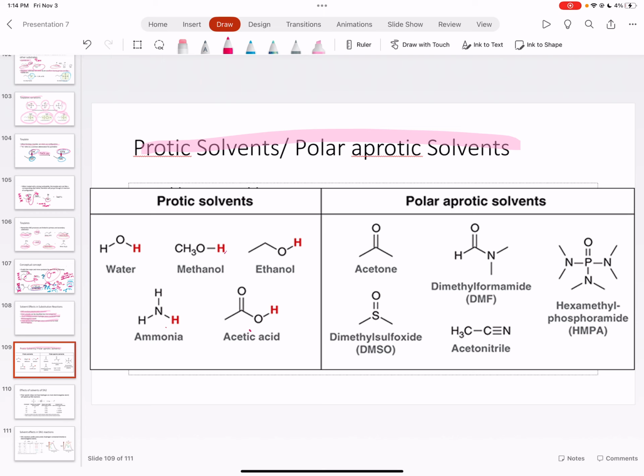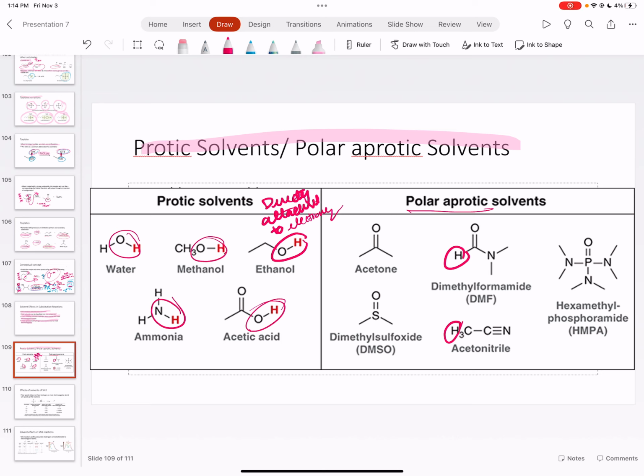protic solvents is when you have a hydrogen directly attached to the electronegative atom. While in polar aprotic, it doesn't mean that we don't have any hydrogens, because you can see here we have hydrogens.